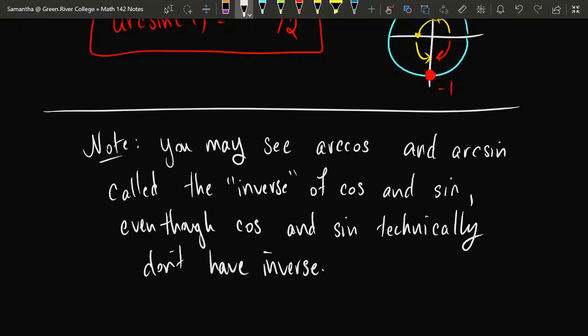This is just for convenience, I would say. Calling them pseudo-inverses can get a little bit annoying after a certain amount of time, so arccos and arcsine are usually just called inverses for convenience sake, even though there's a little bit of inaccuracy in that language.